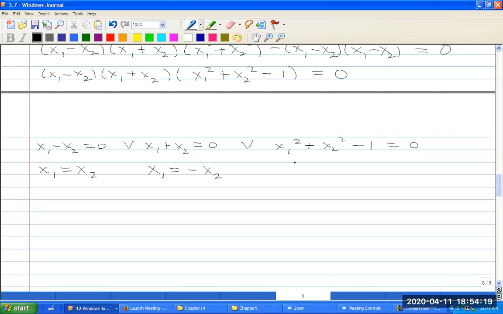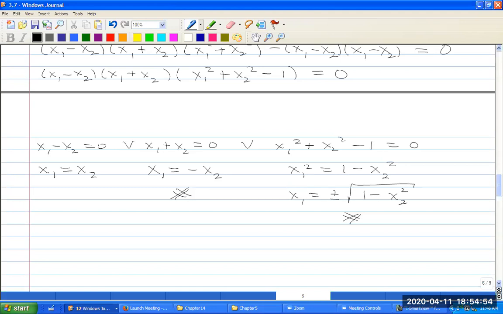Here this says that x1 squared equals 1 minus x2 squared, so that x1 is equal to plus or minus the square root of 1 minus x2 squared. Okay, well, but this has to imply that only x1 equals x2. And so this is a contradiction.